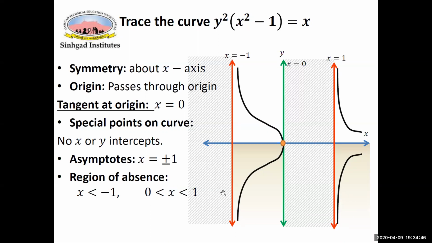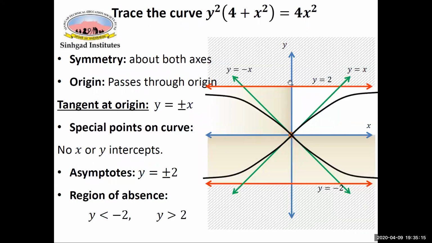So this way the whole curve is divided into 4 different parts in the upper quadrant and the lower quadrant. Clear the concept? So in each problem, we are trying to cover various cases so that all the concepts of the rules of tracing will become more clear.